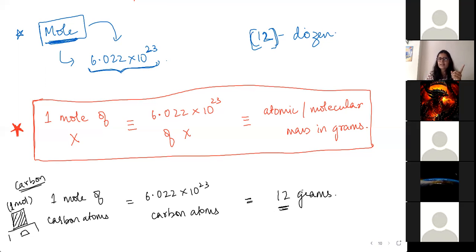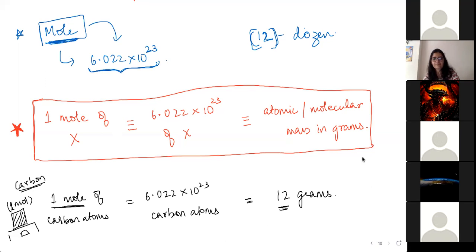If I considered one atom, then it would be AMU. If I take 1 mole of it, then it's going to be 12 grams, something that you can handle. Getting it? Make sense?